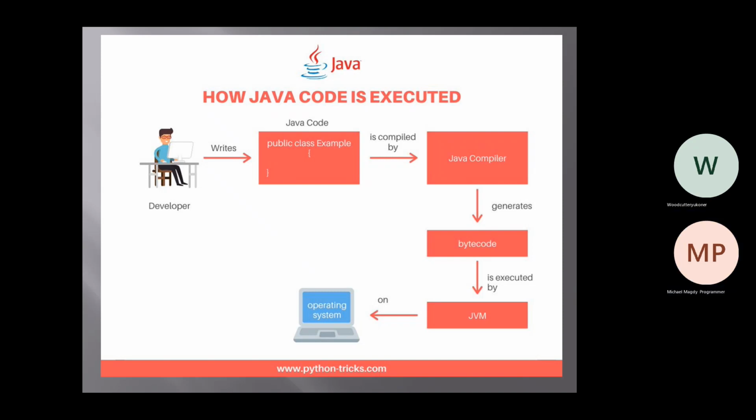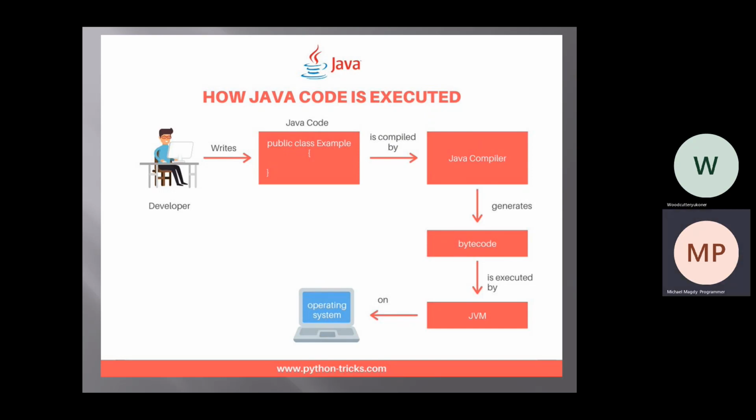He already wrote a program and then he hit run. What happens next is that the machine will take all the code written by the programmer and compile it, by something called the Java compiler.